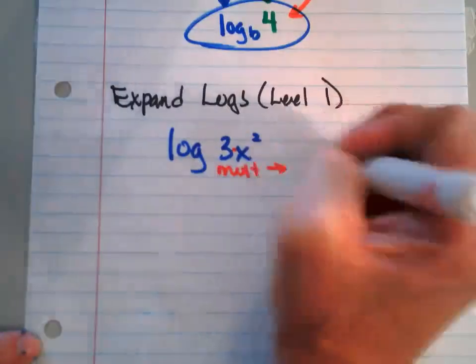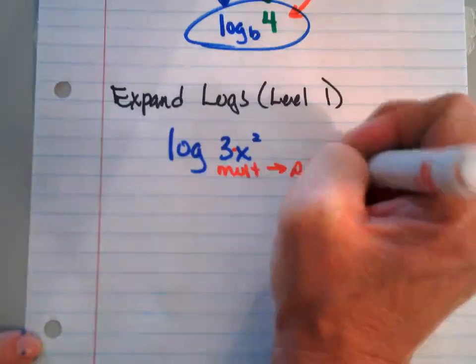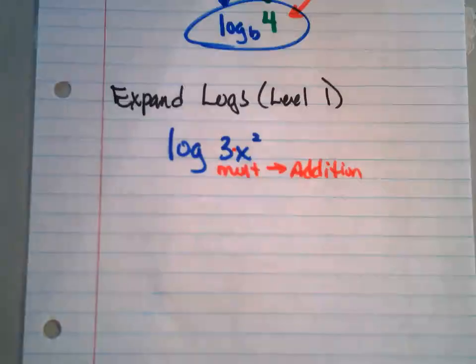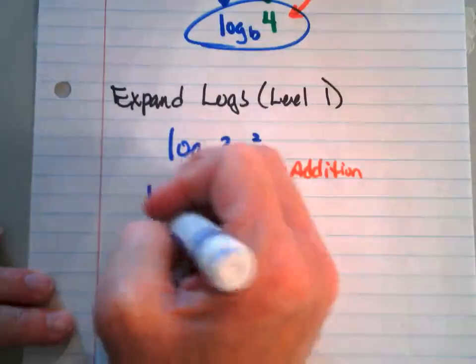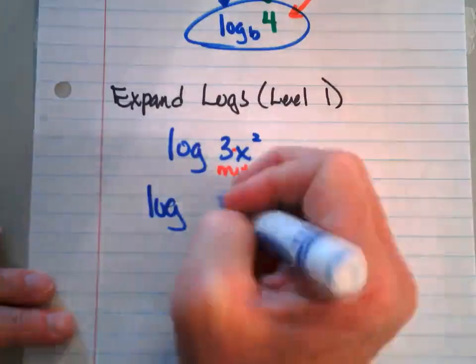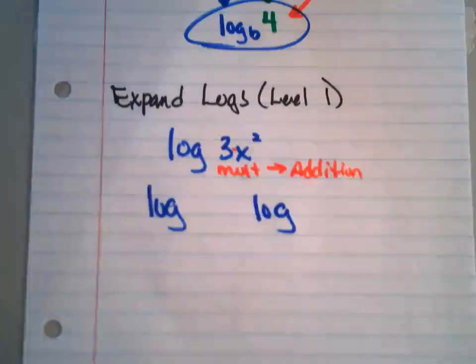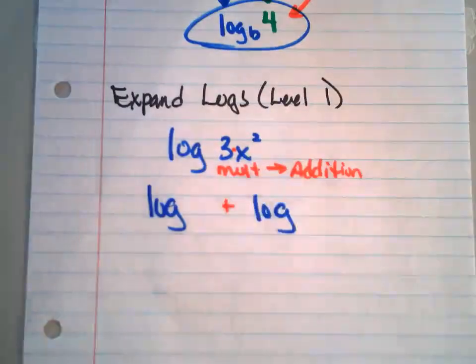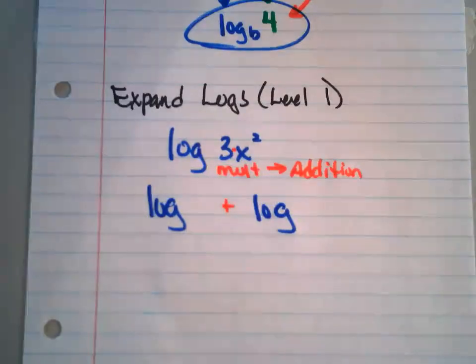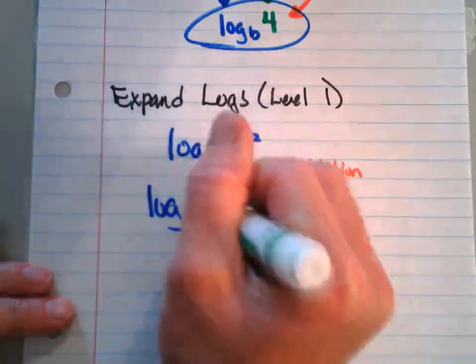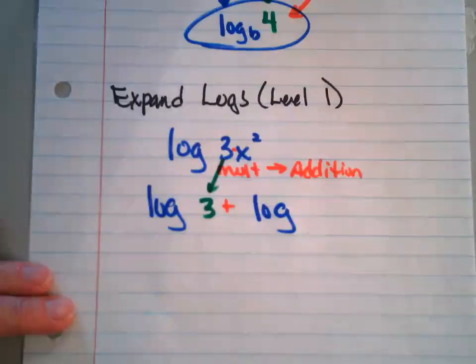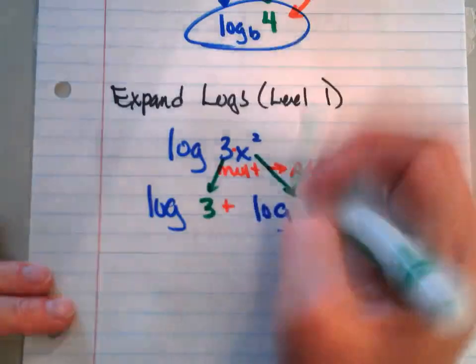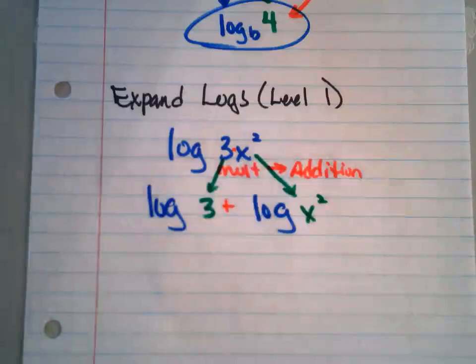And multiplication is going to turn into the addition of logarithms. So we're going to have 2 logarithms, log, log. They're going to be added together. The 3 is in the first part. The x squared goes to the second part.